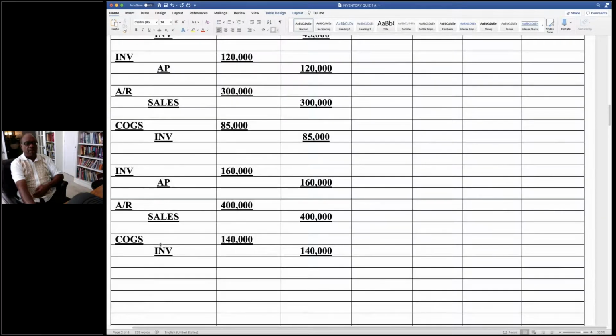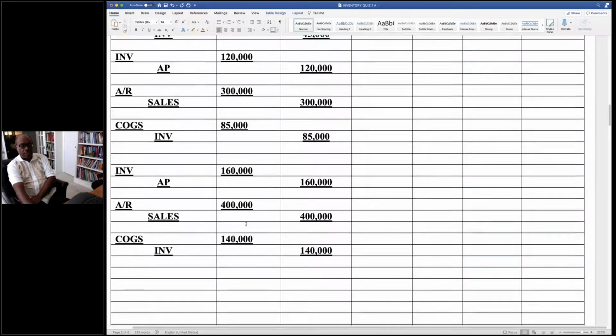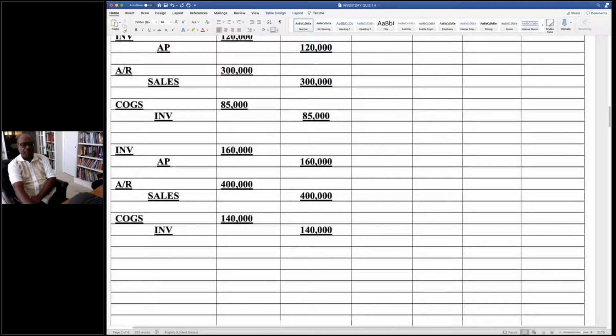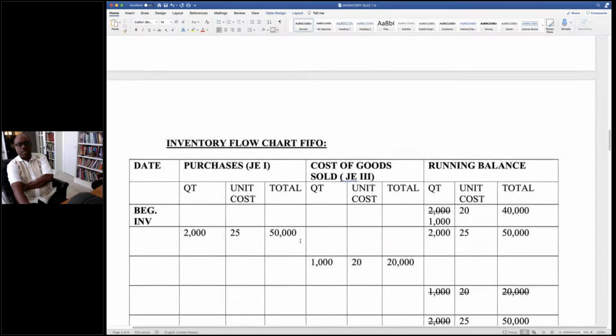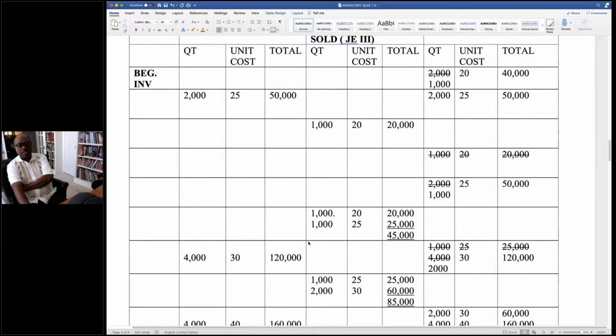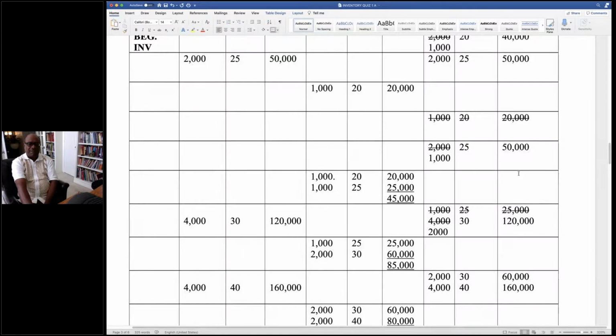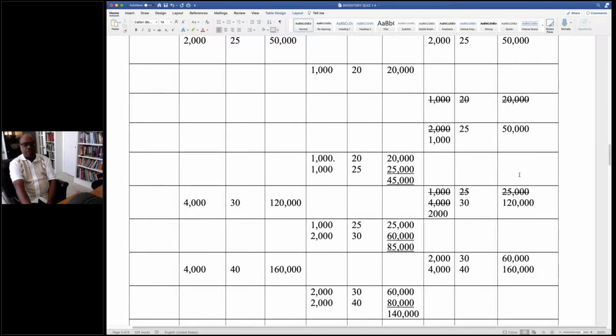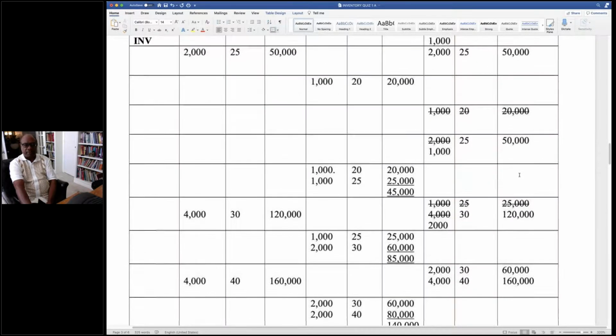When we sell the inventory, two journal entries. And the purpose of that other table or chart is to help us keep track of the inventory when there's a lot of transactions. And a computer program would be doing this automatically.